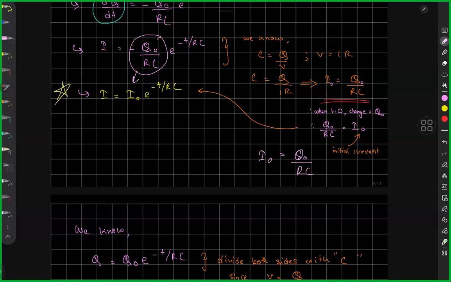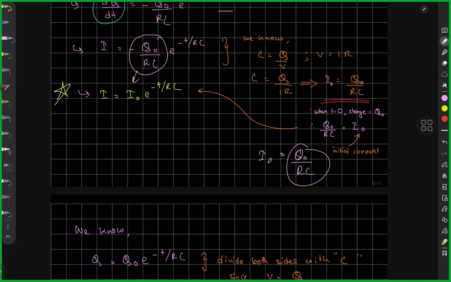How does this work? All I basically did is I substituted these two together and I found out I varies as charge by RC. And I want to find out the initial, the max current, and that will only be given to me by the initial maximum charge. So I naught, the initial maximum current, is equal to maximum charge divided by RC. Simple. So I naught is expressed as this, which is exactly what you have right over here.